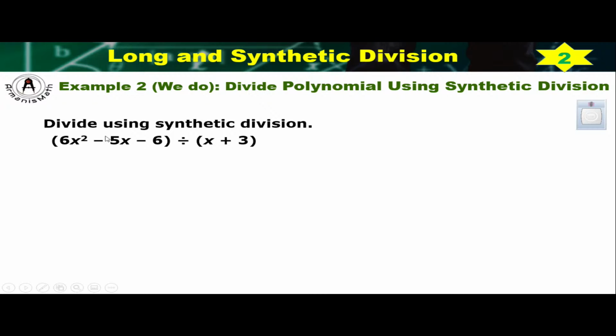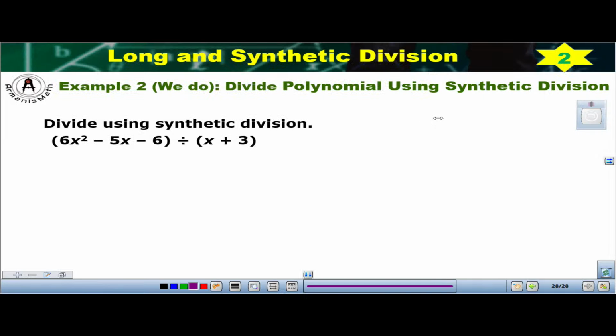This says use synthetic division to divide. First things first, am I in standard form? Yes, we are. Second thing, how do I get the a term?